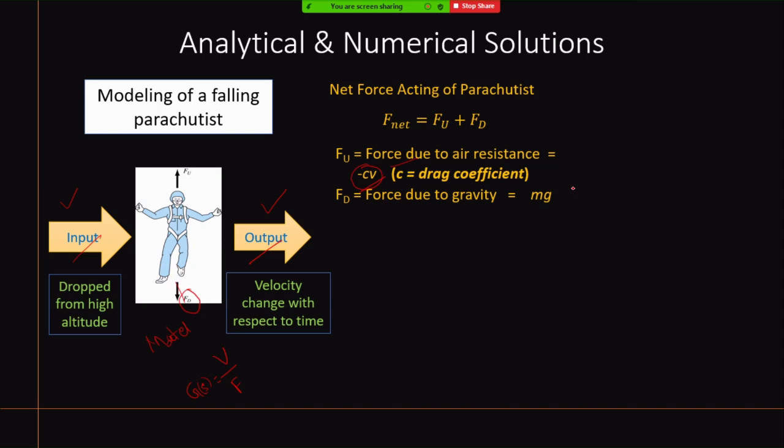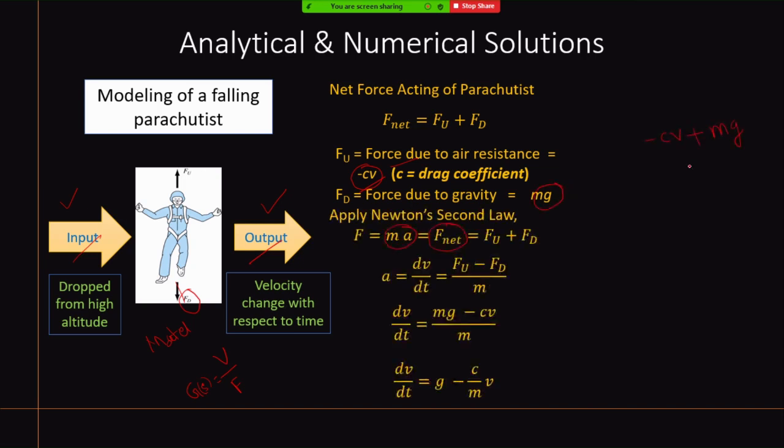The downward force is m into g. Now we can put this and equate it with the total net force acting on it. That is the way we can do it. This F is nothing but minus cv plus m into g, divided by m, which gives me an acceleration.